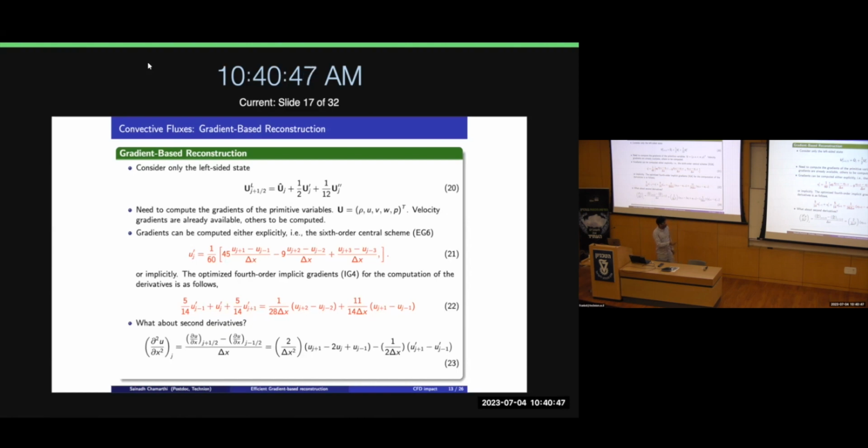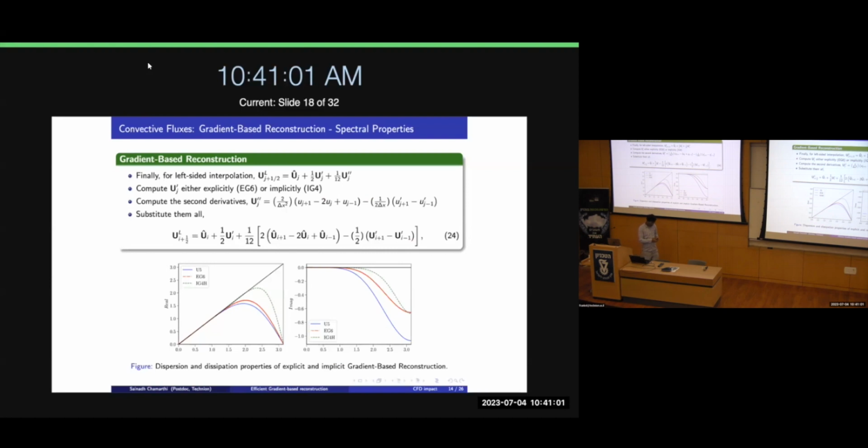And the second derivative, d square u by dx square, can be expressed in terms of the gradients and the values at the cell centers. So that's how you get what is called gradient-based reconstruction.